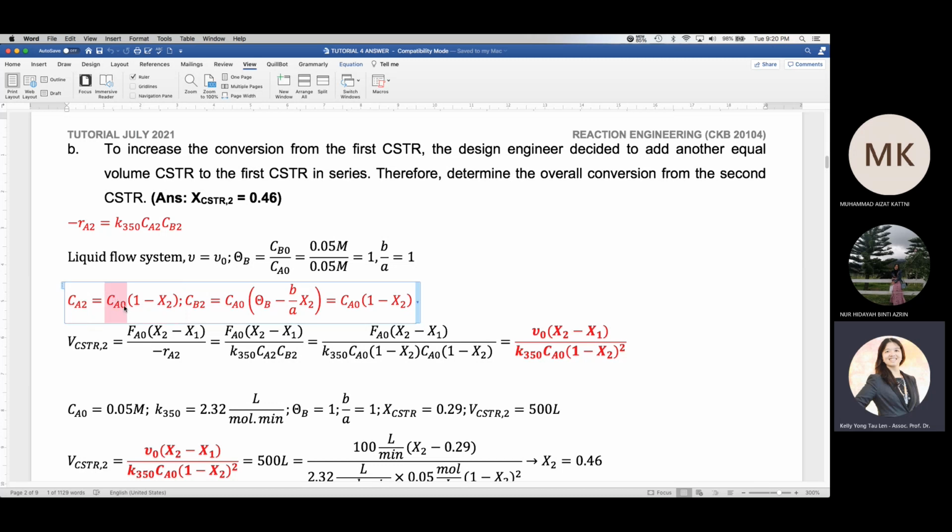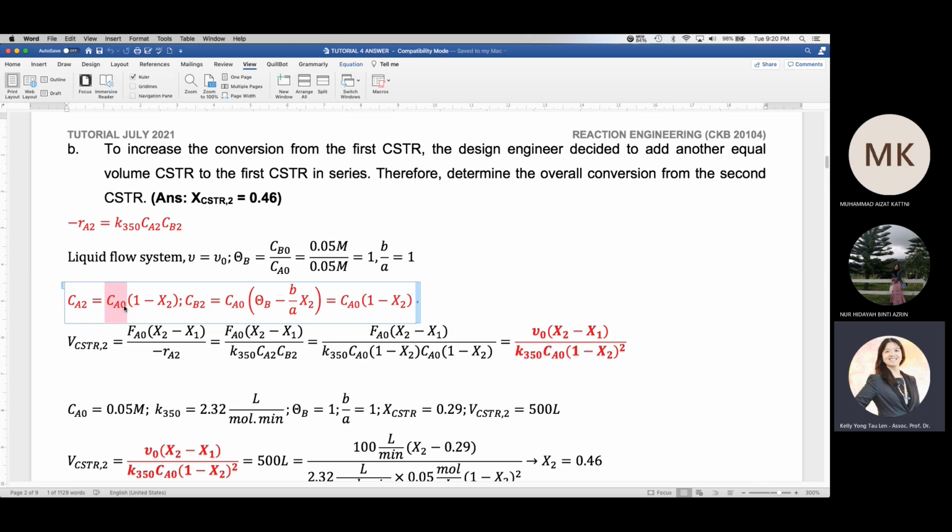Kenapa masih sama? Kamu kena faham, bila kita ada dua reaktor yang bersiri, kita akan buat flow to the first reactor and then the flow out from the first reactor goes to the second reactor. Maksudnya CA0, kepekatan asal yang kita prepare pada waktu asal yang masuk tu takkan berubah sebab dia flow in, flow out. Kita tak prepare solution yang baru untuk masuk reaktor yang kedua.